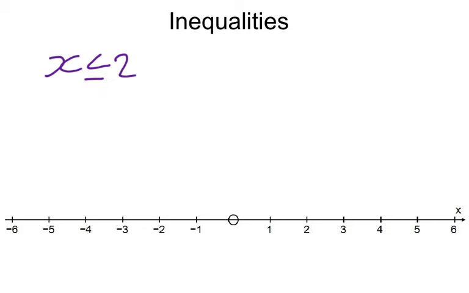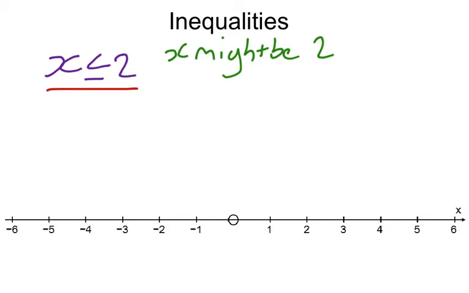This example is very similar, except it's x is less than or equal to 2. So in this case, x could be anything less than or equal to 2, but because it's got that line underneath, it could be 2. It could be 1.5.